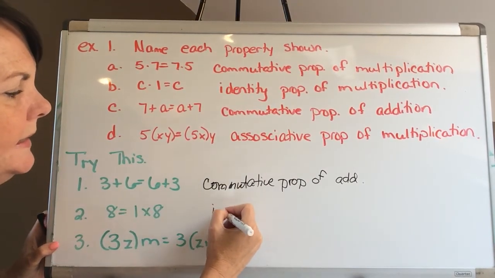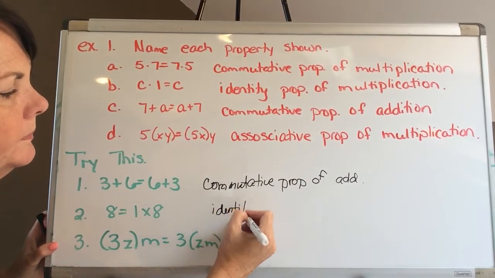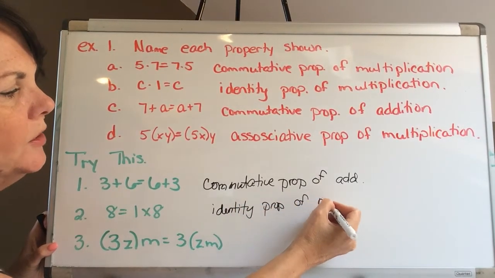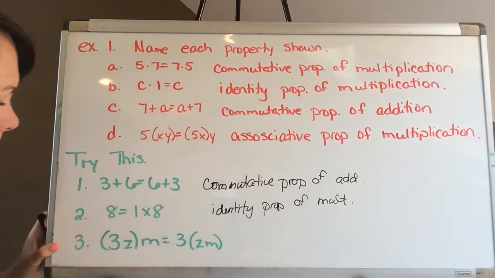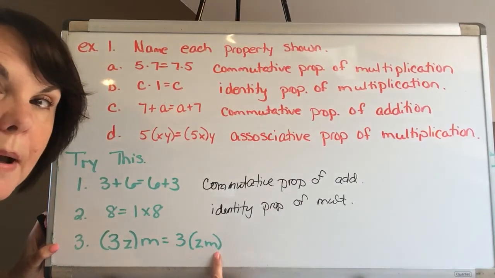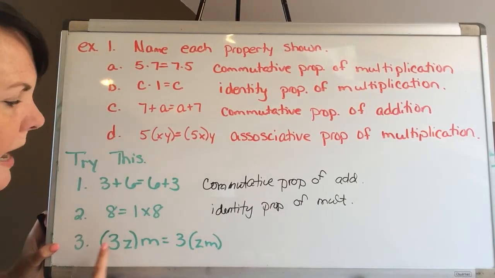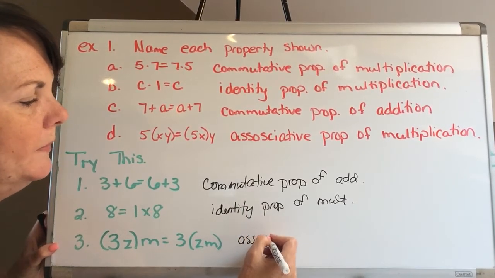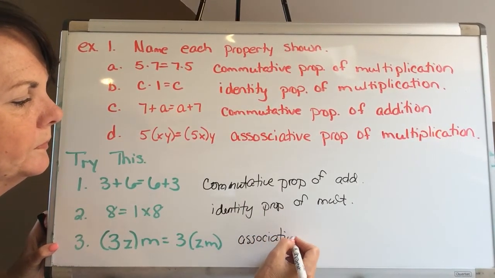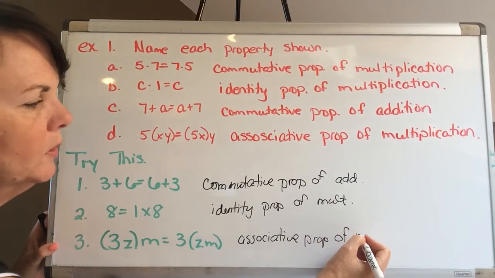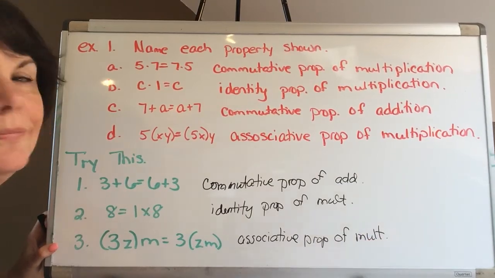That is the identity property of multiplication. And number 3, (3z)m equals 3(zm). My order didn't change, but how I group my numbers changed. That is the associative property of multiplication. Okay.